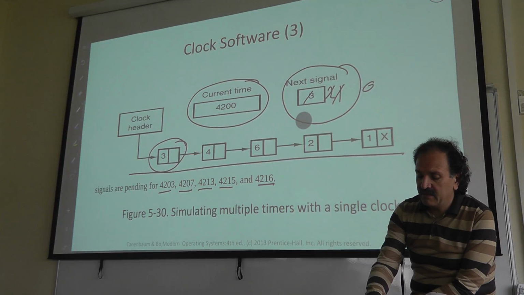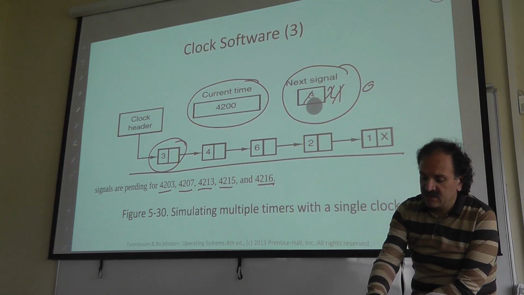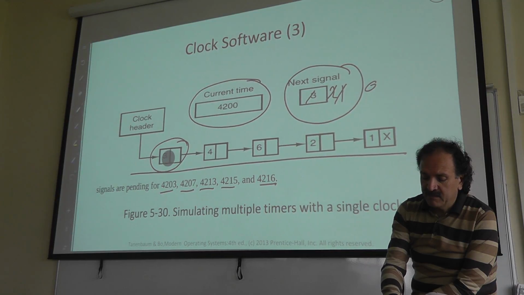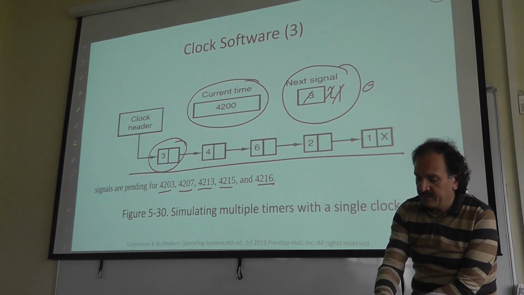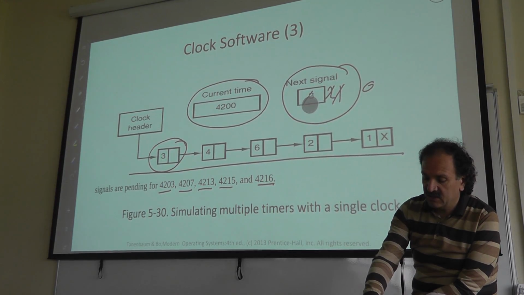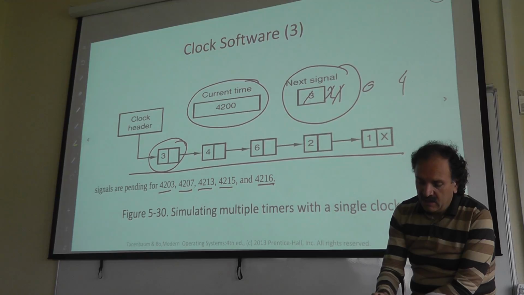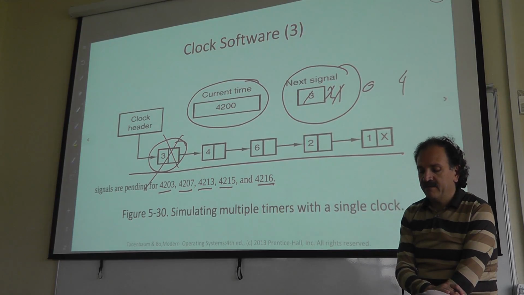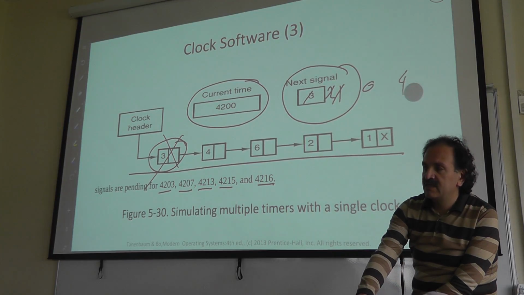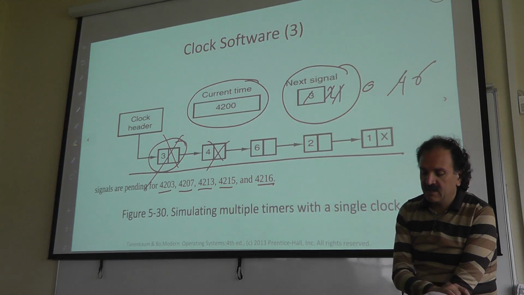This number is decremented every time the clock is updated. And when this number reaches 0, you wake up the process that issued this call and you update all of these. And you put the next number here. That is the number 4. And instead of 0 after that, it is number 4. And you continue that way. When number 4 is done, then you remove it, you put the number 6 in here and continue that way.